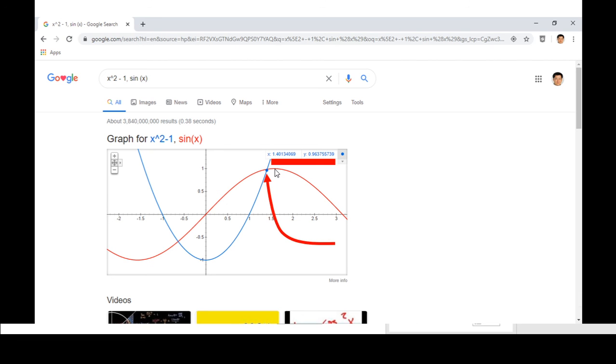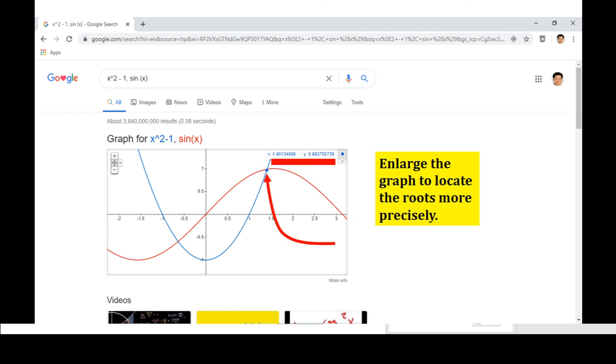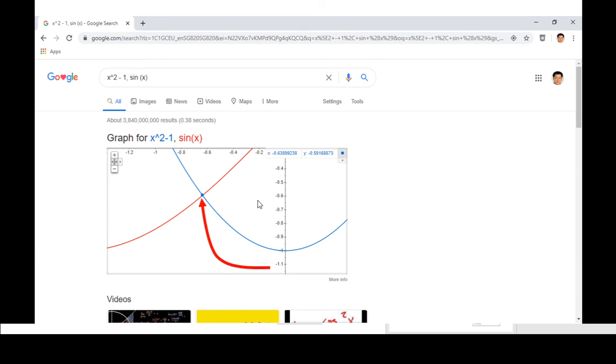All right, so the coordinate is 1.40 for x, and y is 0.96. Okay, if you want to locate the graphs more precisely, of course you can enlarge it. So for the lower root here, the coordinates are x equals minus 0.63 and y equals minus 0.59.